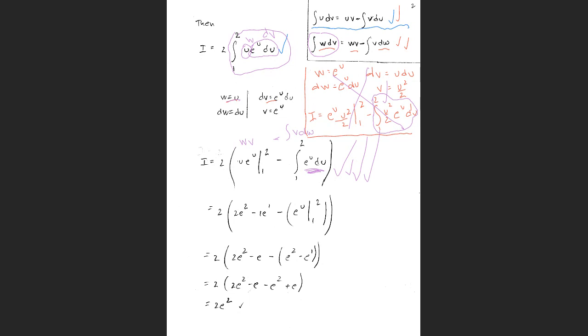Okay. All right, so you just work it out. Now put in the antiderivative of e to the u, which is e to the u. And you just put your limits in, and you get there. You get 2e squared.